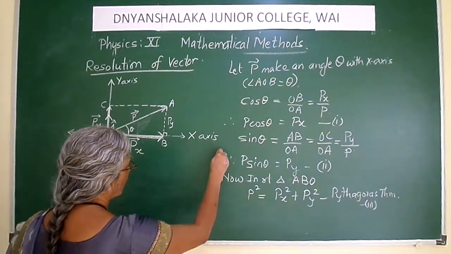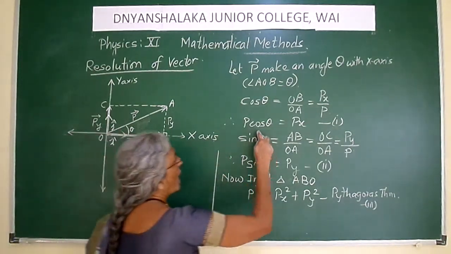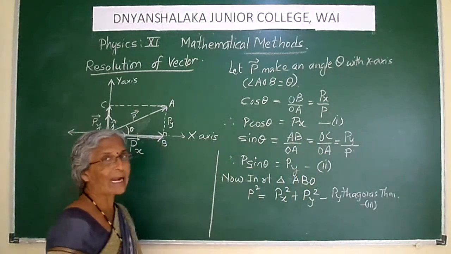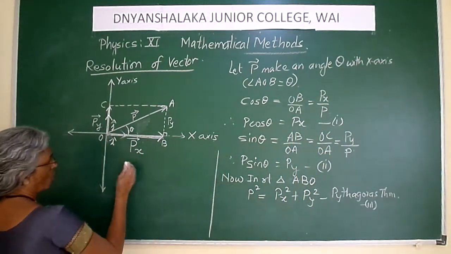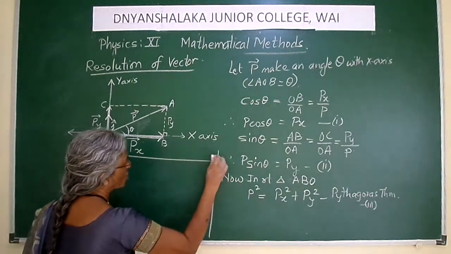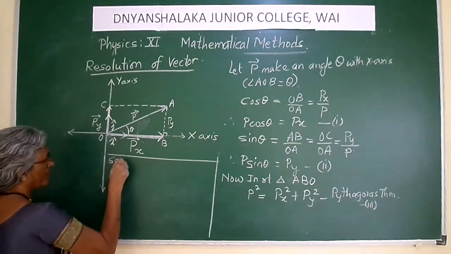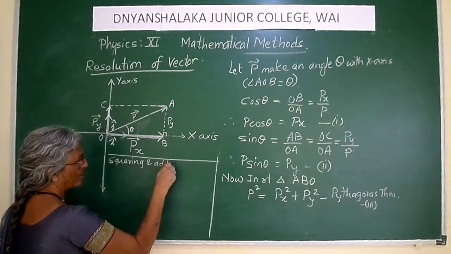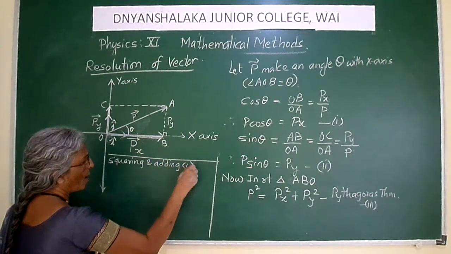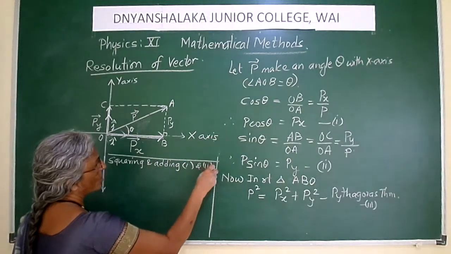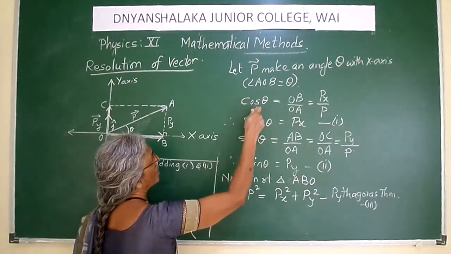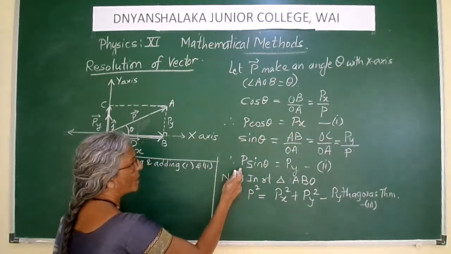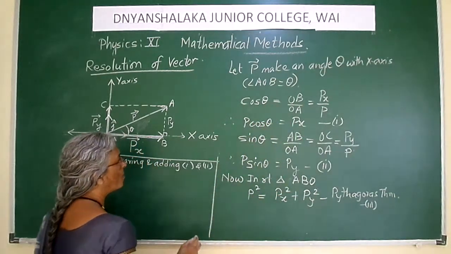Okay? Now see here. What am I doing? I am squaring equation number 1 and equation number 2 and adding them together. So when I square this, it will become p square cos square theta is equal to px square, and this will become p square sin square theta equal to py square.